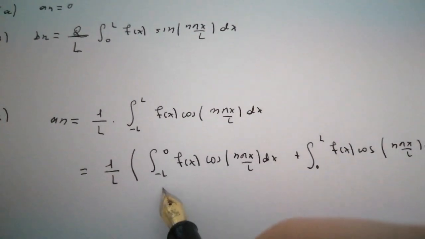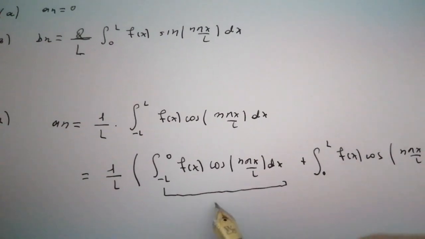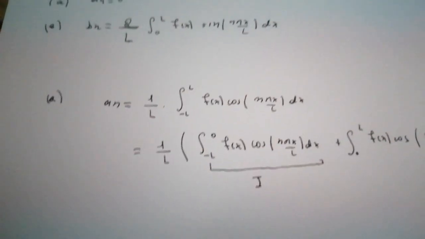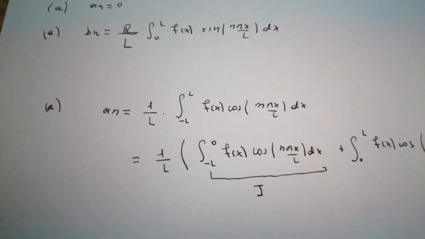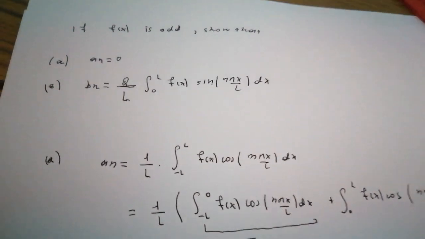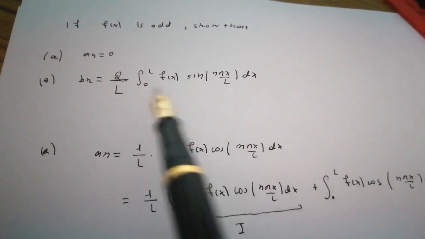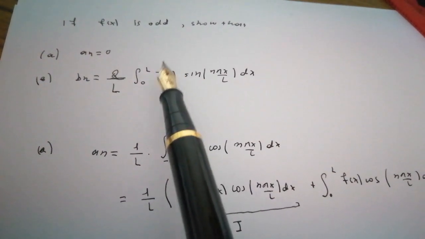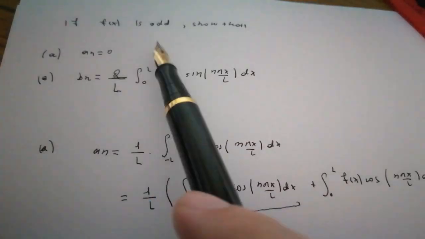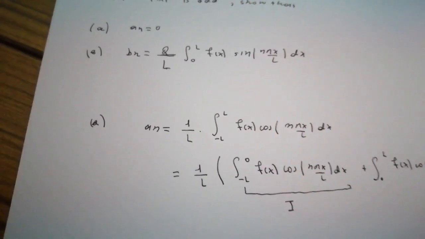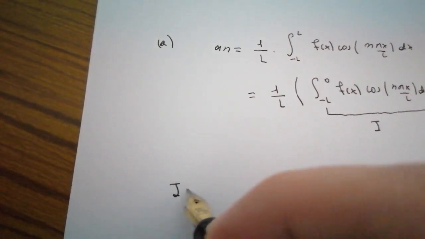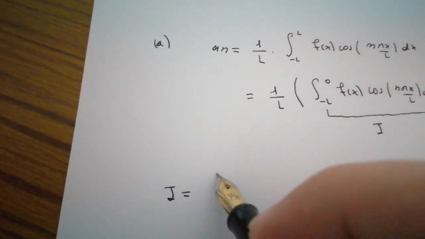Now we name this quantity capital I. We work in the same spirit as in the previous video, where I made a similar example when the function f of x is an even function. Now let's work out this integral.